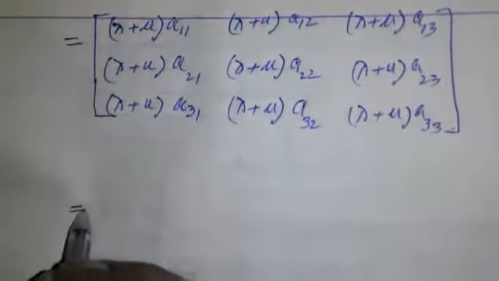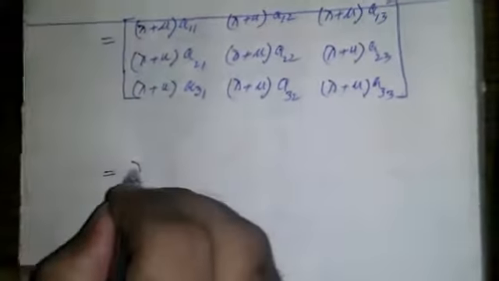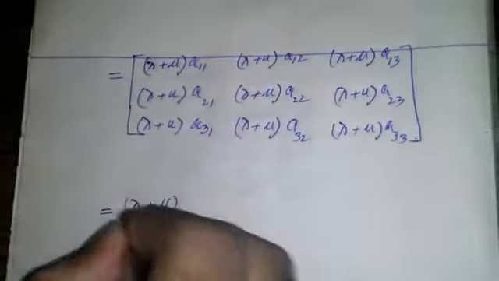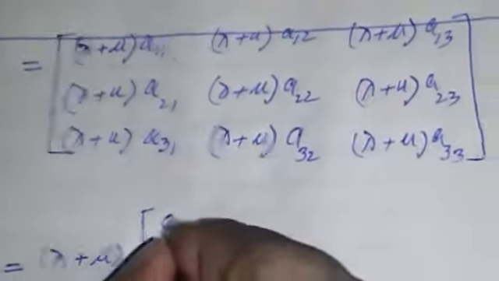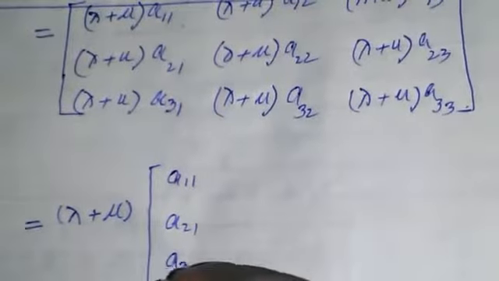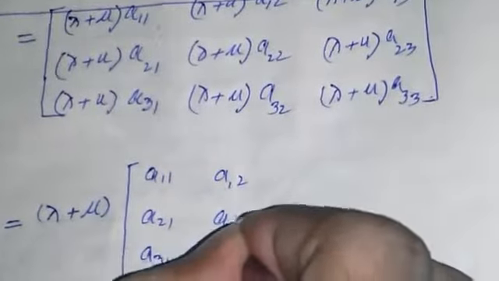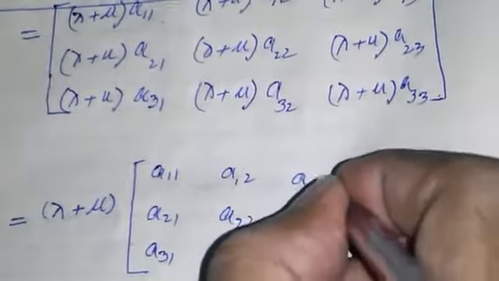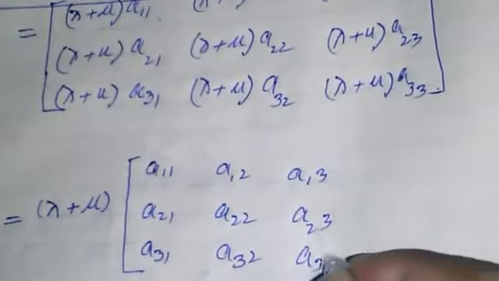Now we are going to take lambda plus mu common from the whole matrix, so we get lambda plus mu times the matrix A11, A21, A31, A12, A22, A32, A13, A23 and A33.